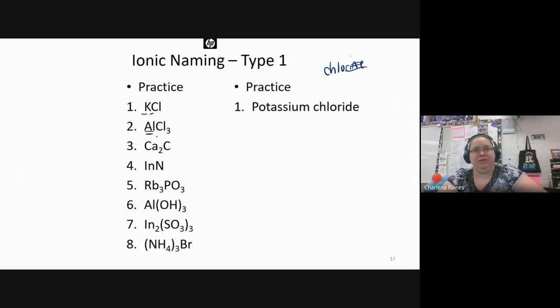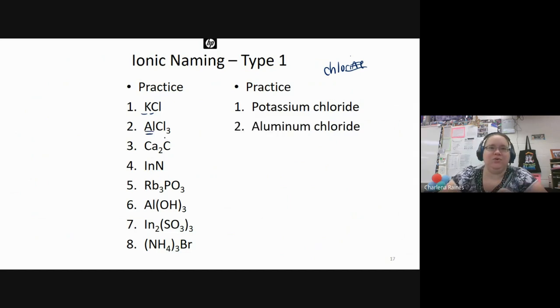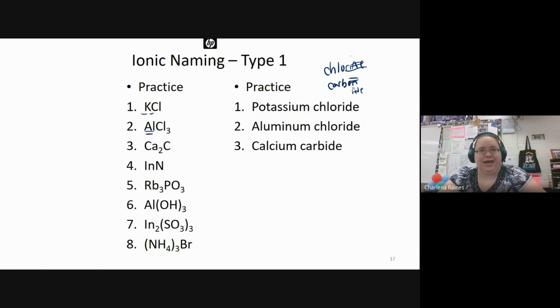Al, aluminum. We've already seen where chlorine becomes chloride. Ca is calcium. C is carbon. So carbon, replace that last syllable with IDE. Pardon me, calcium carbide.